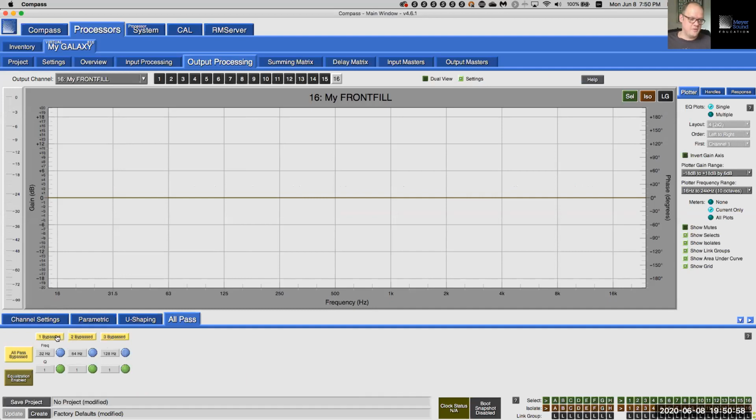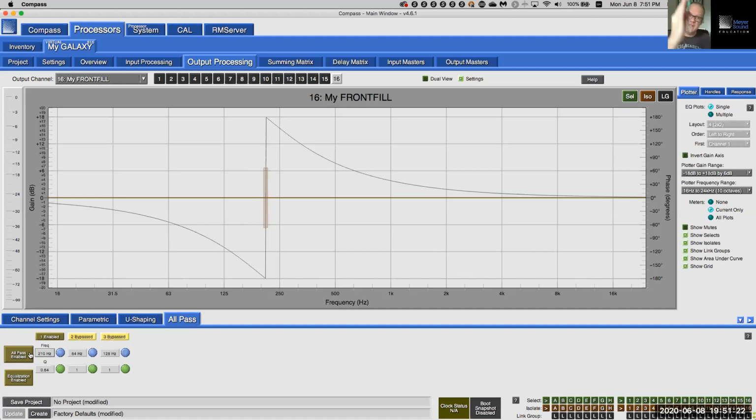There are 3 all pass filters to use. I go to any one of those. I make the values the same, 210 with a Q of 0.64 as suggested by my dialog. I take it out of bypass, and that will make sure that that front fill is once more phase compliant with the Leopard array that now uses LMBC.